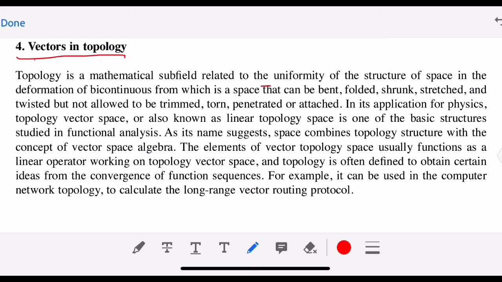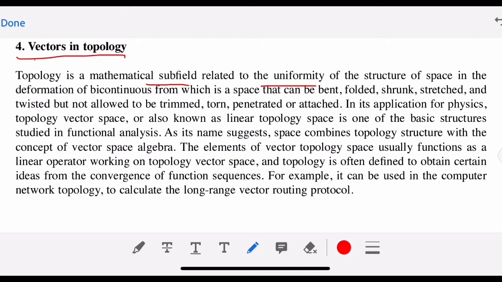In its application for physics, topology vector space, or also known as linear topology space, is one of the basic structures studied in functional analysis.